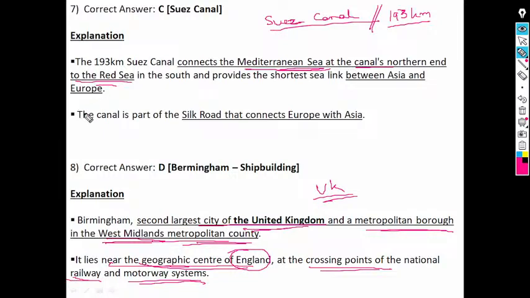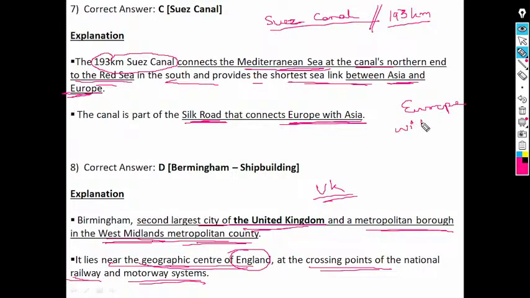It passes entirely through Egypt and provides a sea link between Asia and Europe. The canal is a part of the Silk Road that connects Europe with Asia.